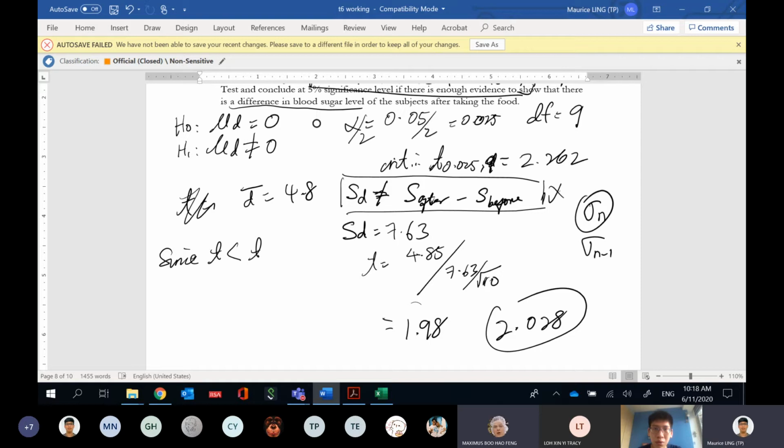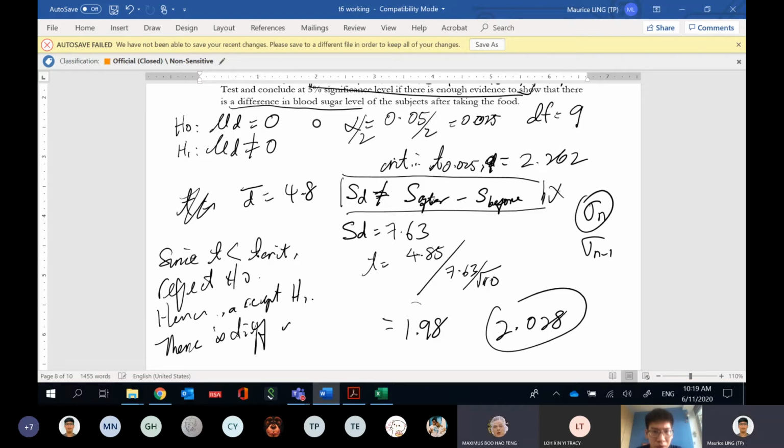Wait, what am I saying? Critical value is more than the test statistic. So you reject the null hypothesis, which means there is a difference in blood sugar after taking food. Yeah, there is a difference in blood sugar.